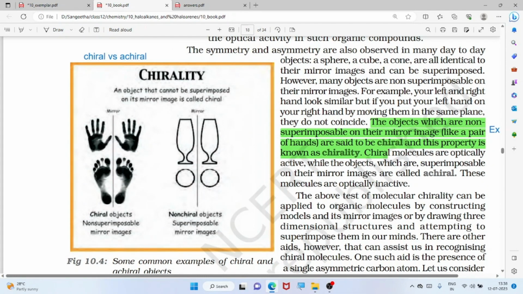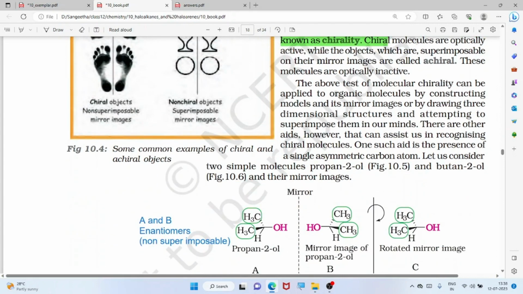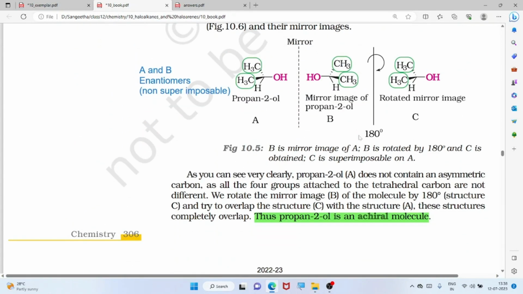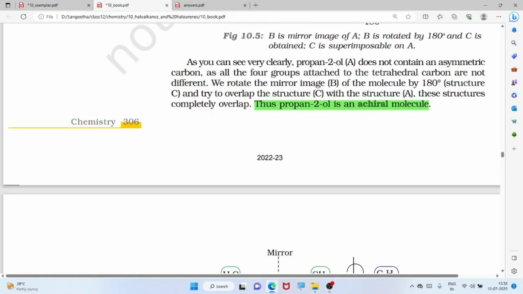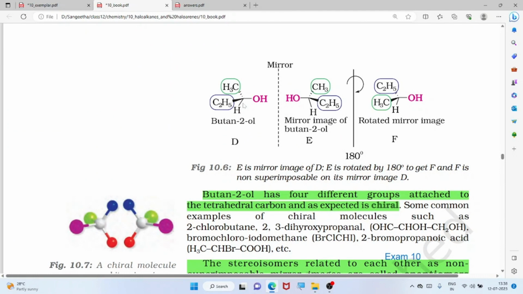What is chiral and achiral? These are all non-superimposable, so they are chiral molecules. This is superimposable. These are all chiral molecules.